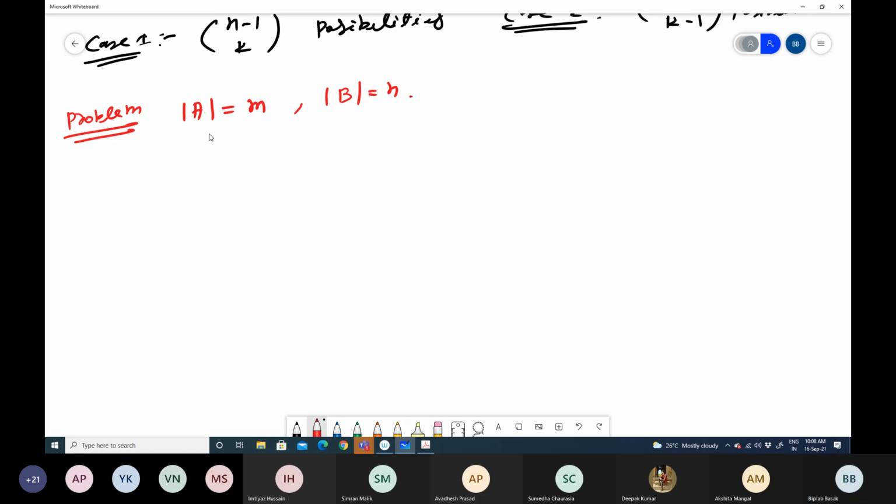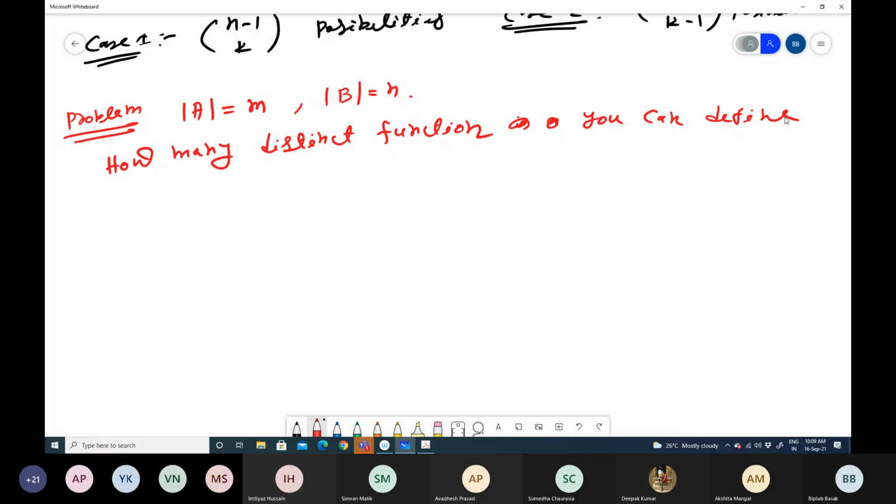Now the question is, how many distinct functions can you define from A to B?